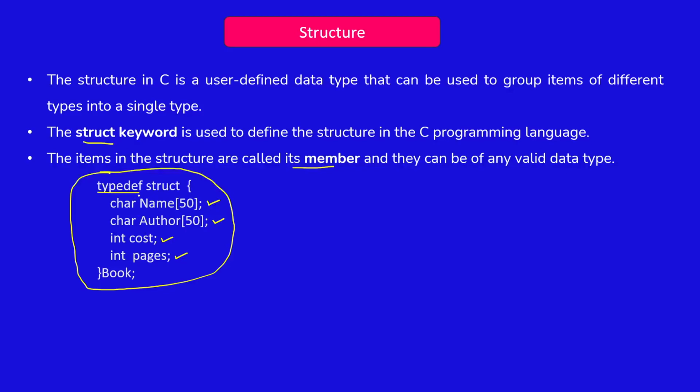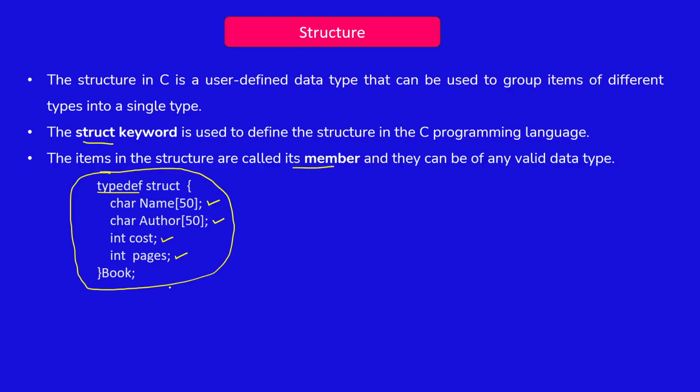If you define typedef before struct, then there is no need to use the word struct before book. So you have to define struct only one time using typedef. After that, there is no need to use the word struct every time because this is only a template.